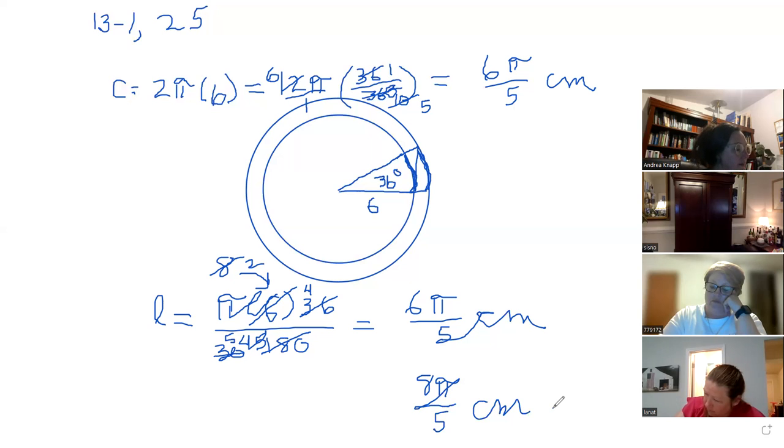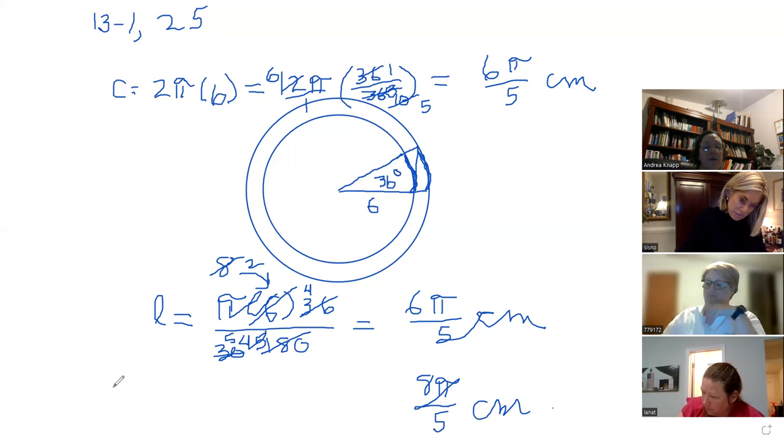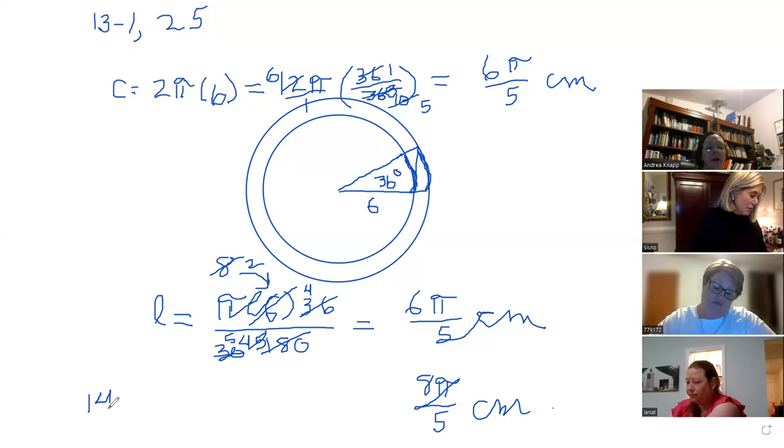Okay, now problem number 26 is going to use the same formula. But this time they give us the length and we're supposed to solve for the radius. So we'll still use that formula where the length, the arc length, which I'm going to put the 14 pi in for L right away.